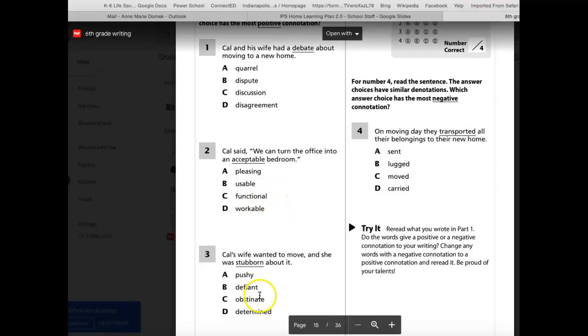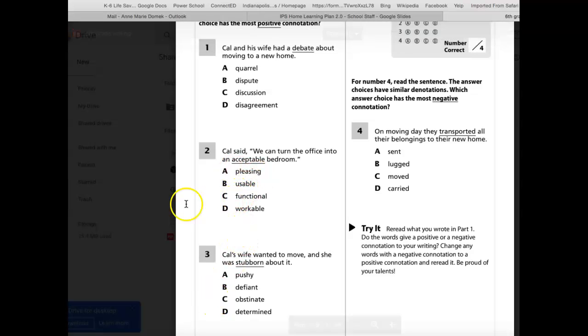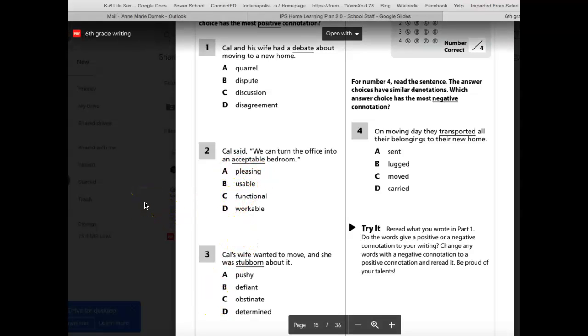Now, for 2 and 3, they're asking again for positive connotation. It says, Cal said, we can turn the office into an acceptable bedroom. Excuse me, guys. I'm not sure why I got a frog in my throat. So acceptable, and we're looking for a positive connotation. A, pleasing, B, usable, C, functional, D, workable.